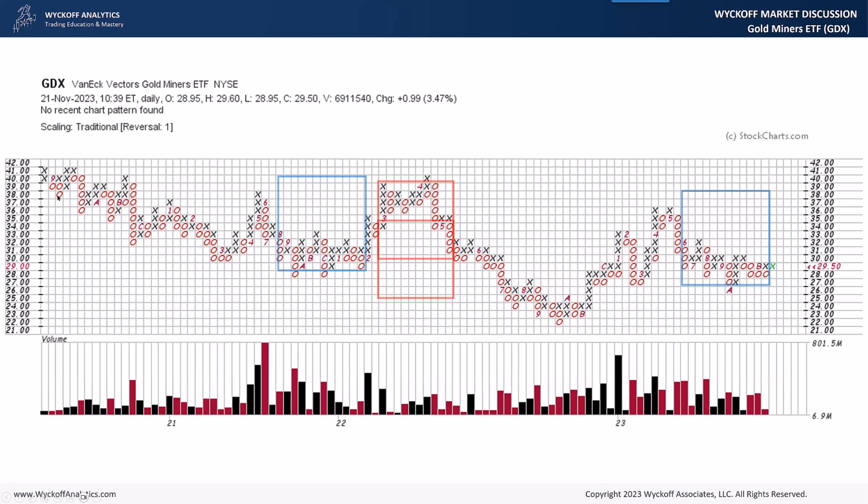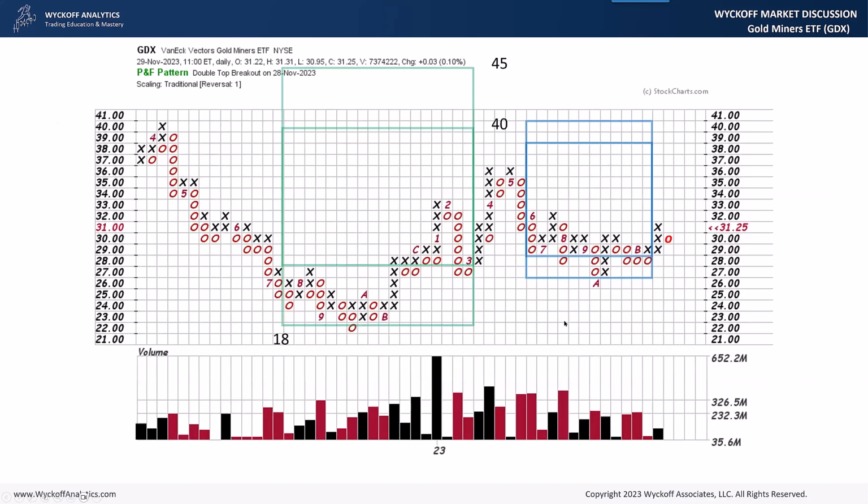So this count, now this goes back to November, but this count here, you can see we're making the beginning of a swing count with a hinge forming. And then here, still bullish, and you could see here, this is through Friday. And this count takes us 40 to 45, a bigger accumulation structure. It's kind of a beauty.